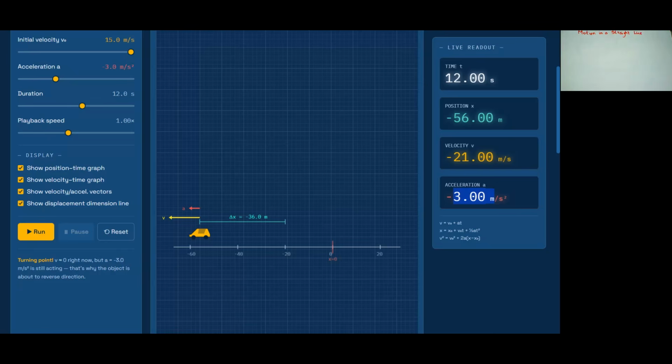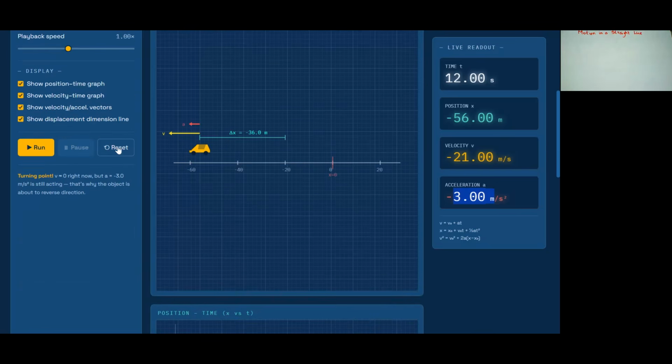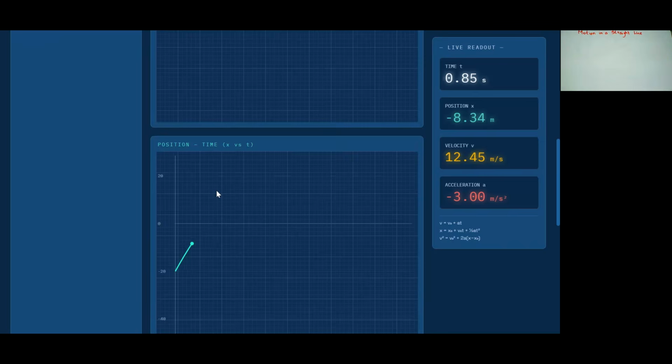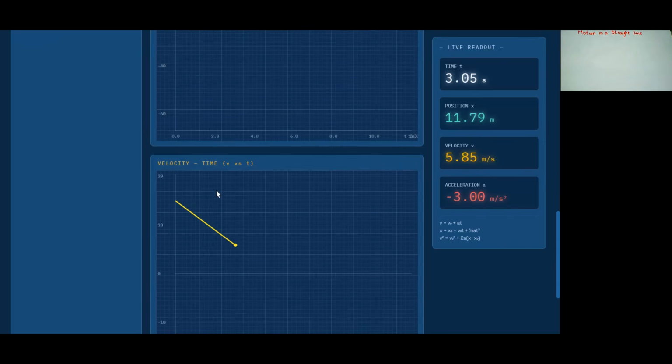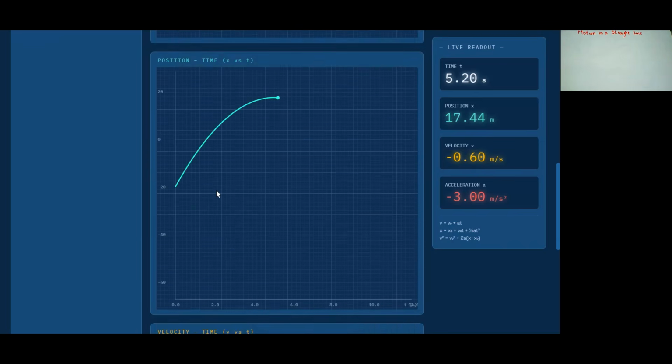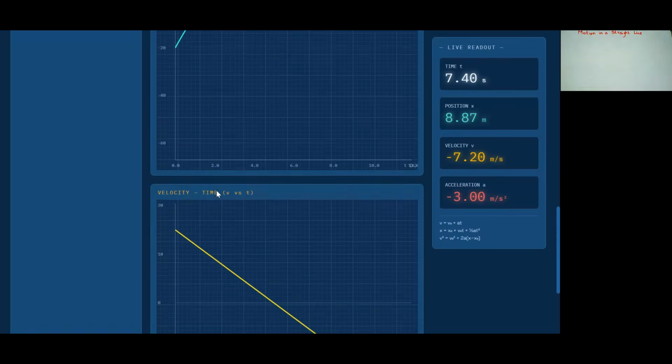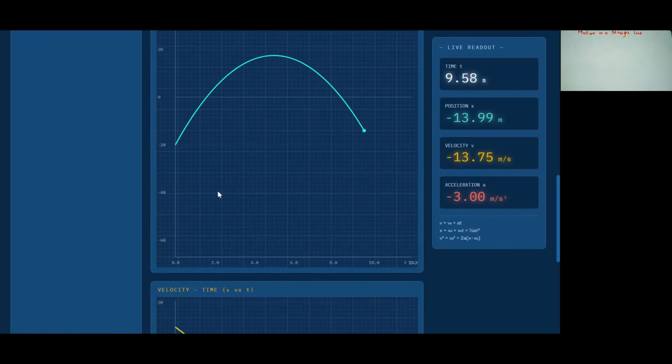Now look at the graph. Here you can see two graphs: one is the position-time graph, another one is the velocity-time graph. Look at the position-time graph.